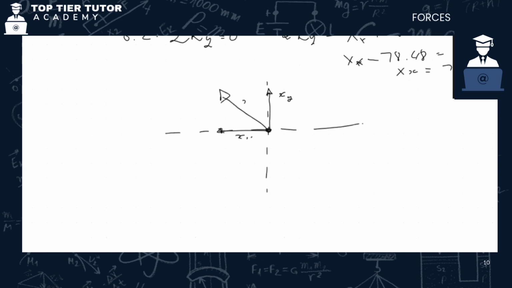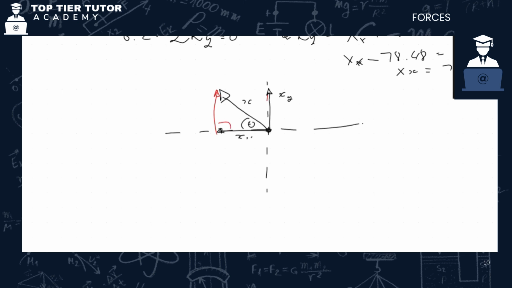What we can do is use Pythagoras theorem. If we move this vector, not changing the direction, just moving where it is, it's going to create a closed right triangle like that.